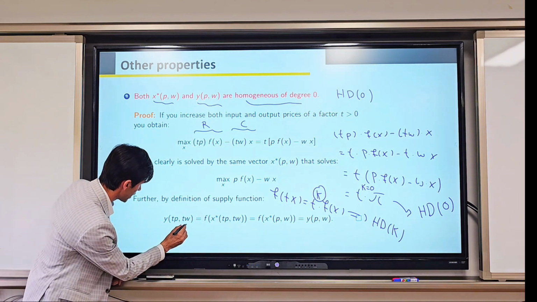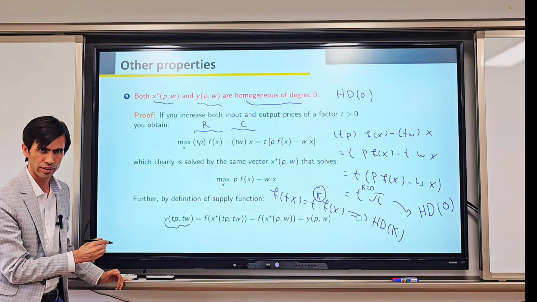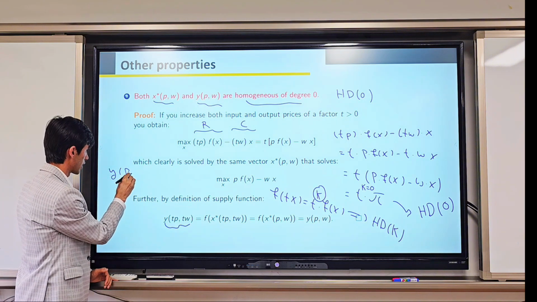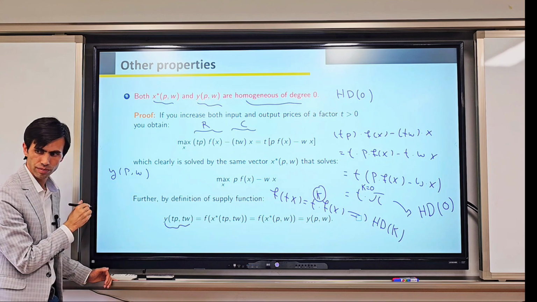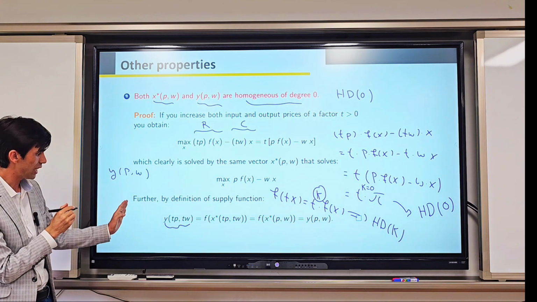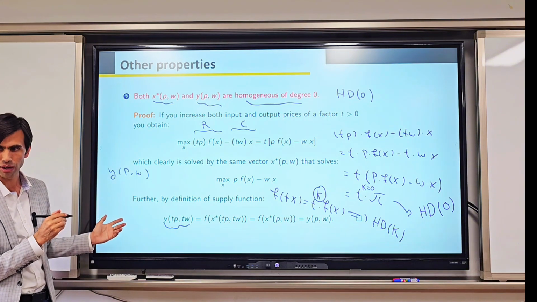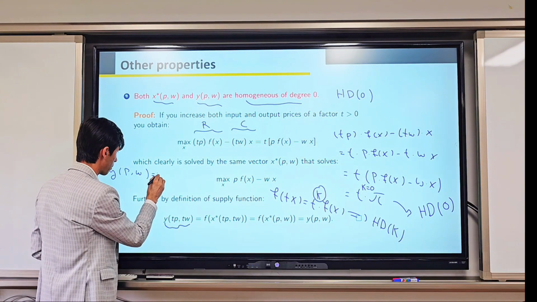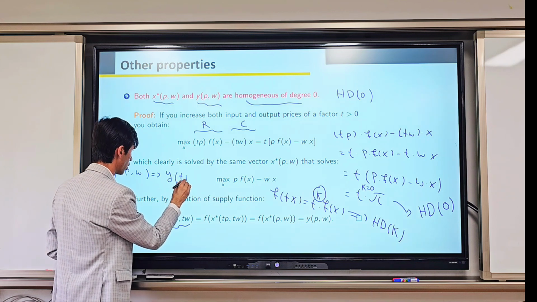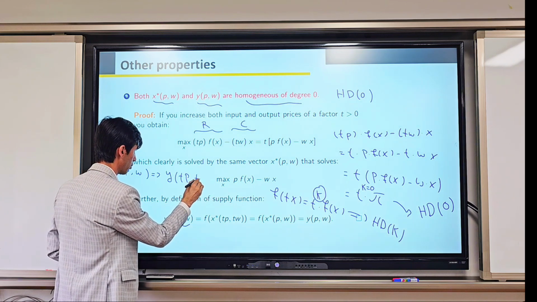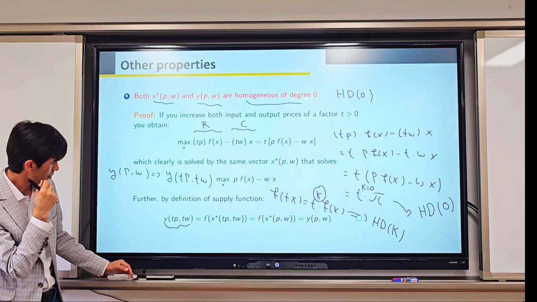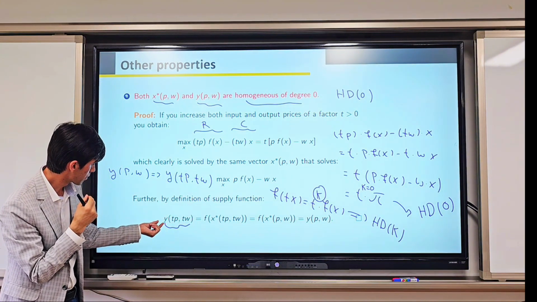For example, this is our supply function, which is simply y as a function of p and w. Now suppose we scale up p and w both by some amount t. Then this supply function will change to y of tp, tw.